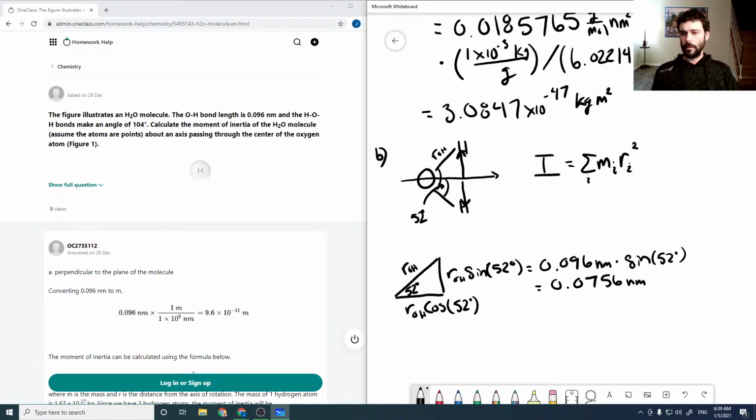Okay, so our moment of inertia expression is still the same: MO RO squared plus MH RH1 squared plus MH RH2 squared. Our oxygen term is still 0 because its perpendicular distance is still 0, so that goes to 0. And each of our RH's is the same.